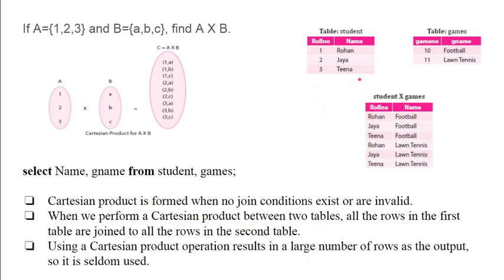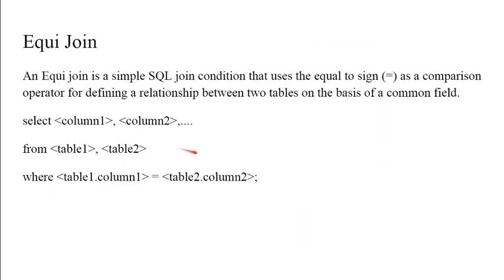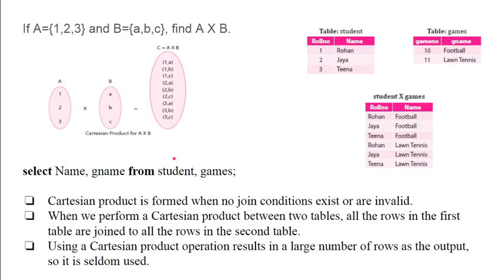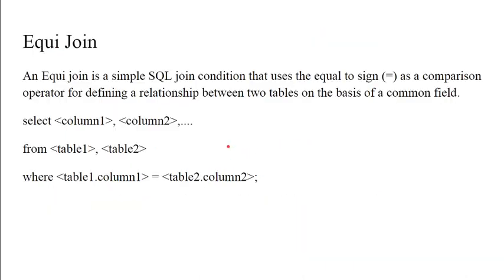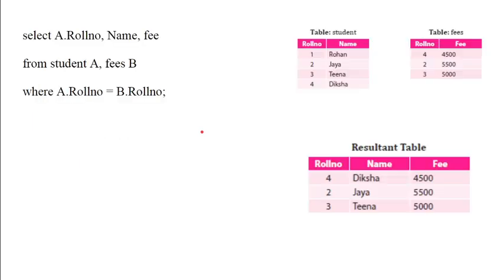So in this table it is difficult to identify because the two tables are not related to each other. But when the two tables are related to each other, erroneous data are generated while doing the cross product. So to avoid this error in the cross product, we use the equijoin condition.